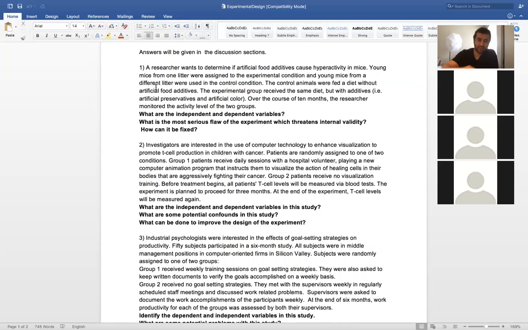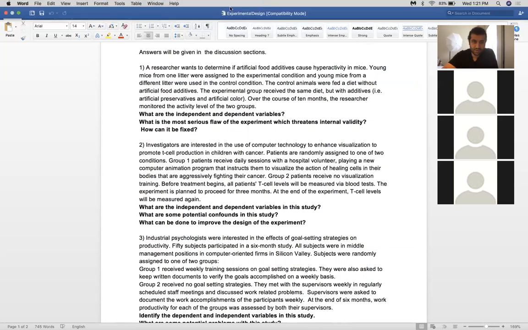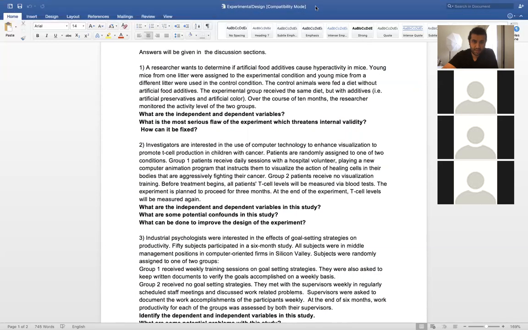So what do you think the independent and dependent variable is in this condition? Let me see if I can draw something. Okay, so usually the dependent variable is something that we want to measure to see if it's going to be affected by our independent variable.